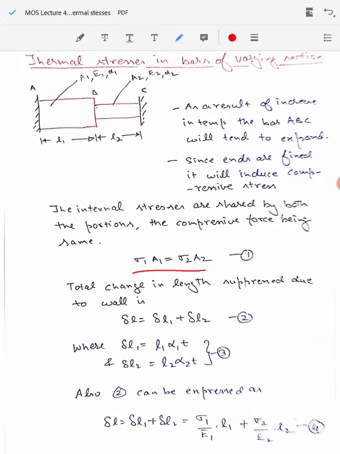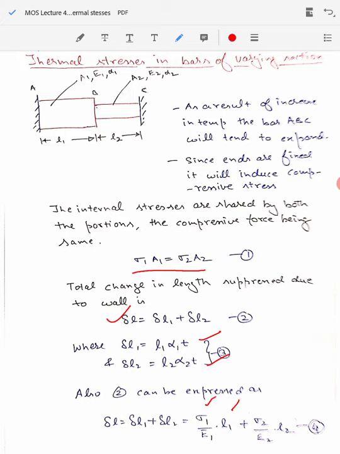Now the total change in the length which is suppressed due to the wall can be calculated by simply adding the change in length of the first and the second section, where the individual value can be calculated using the thermal expansion coefficient as L1 alpha 1 T and L2 alpha 2 T, or we can calculate them using our mechanics of solids relation by multiplying the strain values with the length of the section.